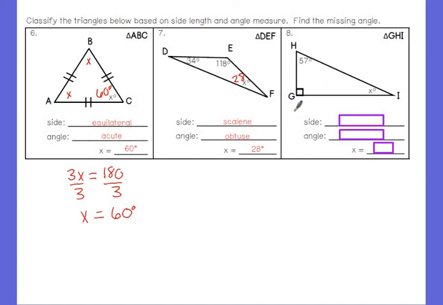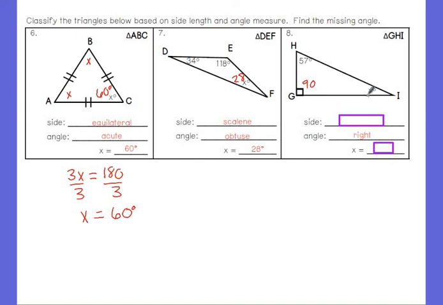Alright, number 8. Again, I don't really see tick marks. I see this is a 90 degree, so obviously this is going to be a right triangle. I don't really know what this side is. I'm betting these two are not the same size, so it wouldn't be anything other than a scalene, but you always have to double check. So I know this one's 90, this one's 57, I have to find this one.